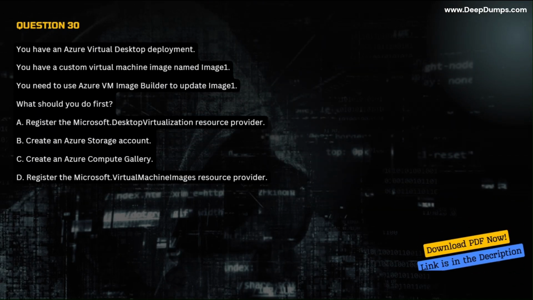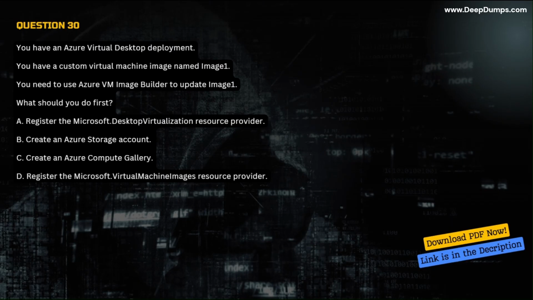Question 30. You have an Azure Virtual Desktop deployment. You have a custom virtual machine image named Image1. You need to use Azure VM Image Builder to update Image1. What should you do first? A. Register the Microsoft.DesktopVirtualization resource provider. B. Create an Azure Storage account.